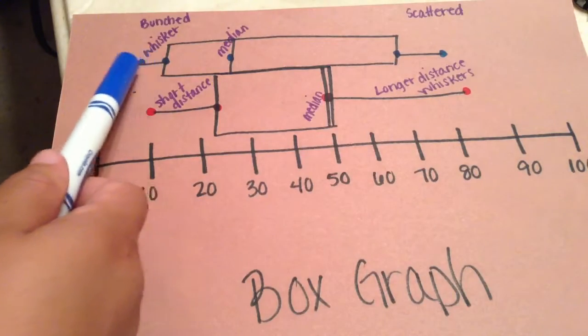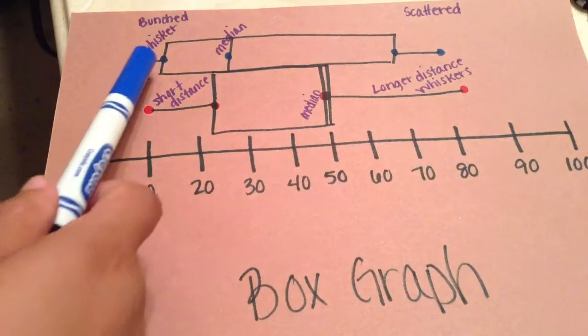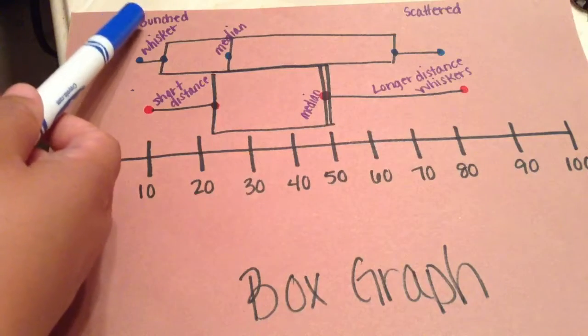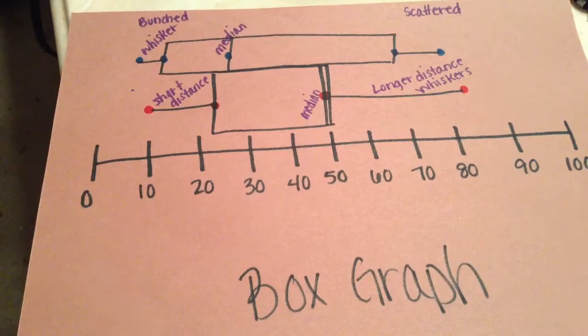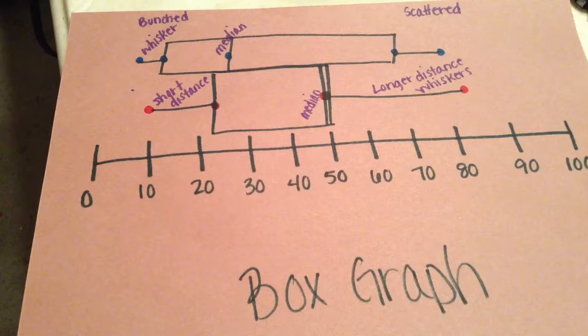Like I said before, these here are whiskers. And this whisker is a little short. And that just means that our numbers are bunched or really close together in this area. And this one is spread out just like this one. And that just means that our numbers in this area are very scattered.